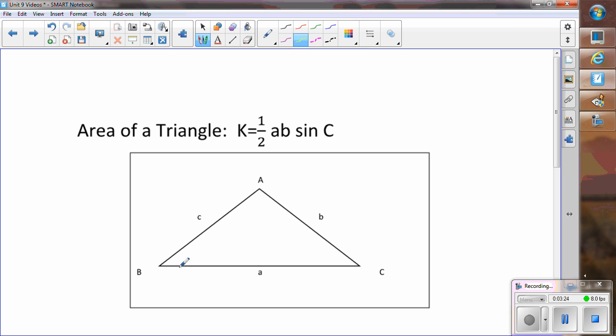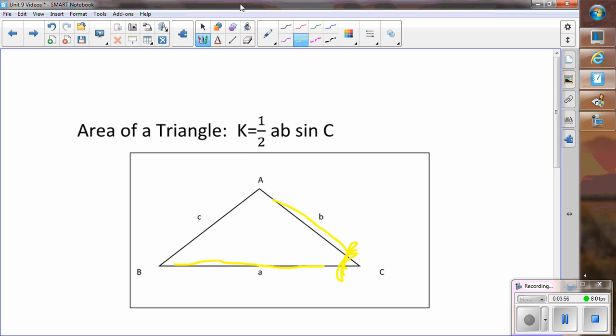They're saying side a, which is this side down here, side b, which is over here, and angle C. What you should notice is that a and b meet at angle C, so that you have two sides and their included angle. That's the formal way we talk about it. But I like to say that they're the two sides that make up angle C, and that is what you need to be able to calculate the area of the triangle.